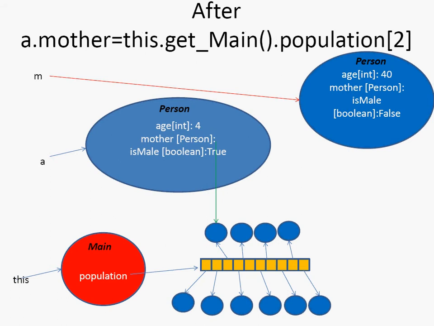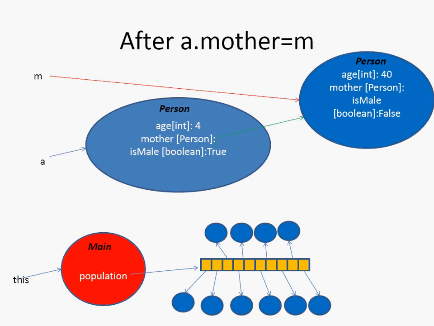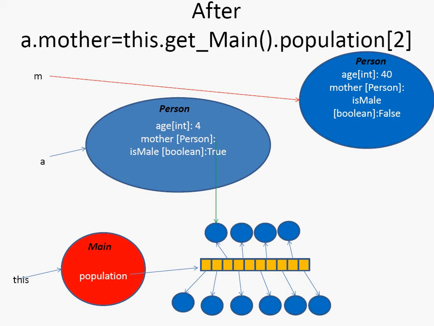Okay, thank you. Now watch this. Now, A's mother is equal to this dot get name. That's pointing to name. In any logic we could look at name dot.